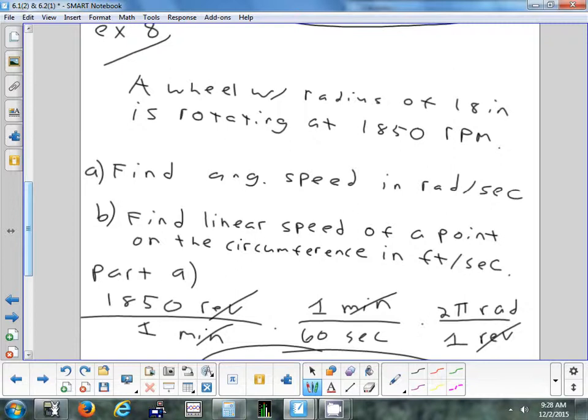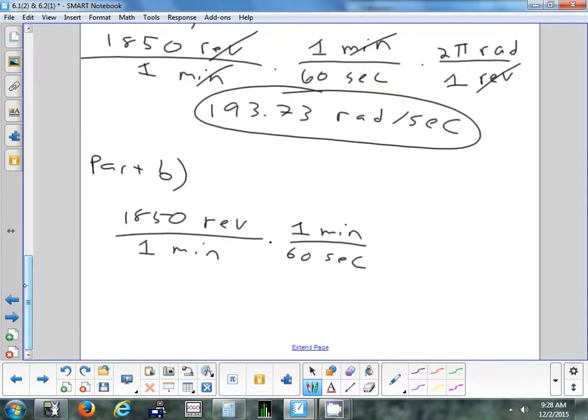So we're making a jump here from angular to linear. We haven't done that yet. Right. So anytime you want to make a jump from angular to linear, it's always best to have your speed in revolutions. Revolutions is kind of the jumping off point that helps us go from angular to linear. So our goal, I know I want revolutions in the bottom.